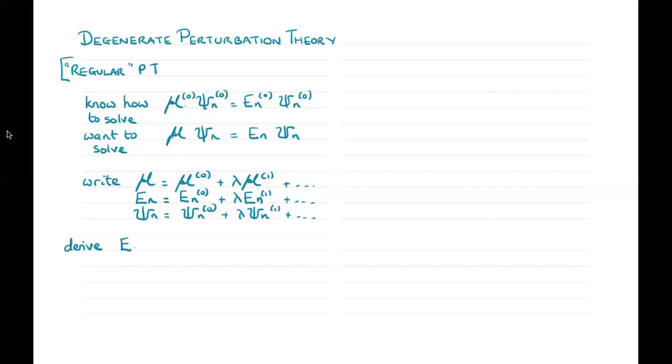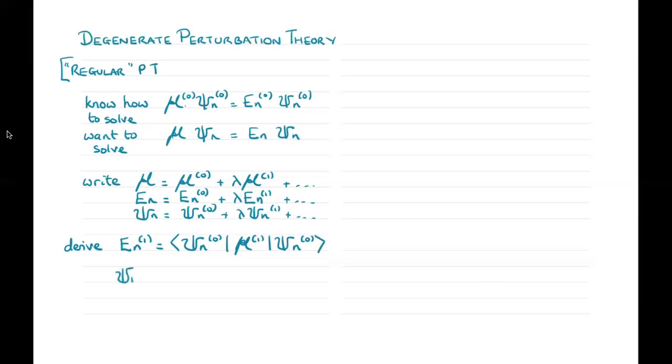a first order correction to the energy of energy level n, which is the expectation value of the first order correction to the Hamiltonian for the zeroth order wave functions for energy level n.